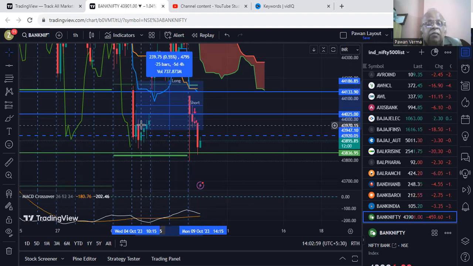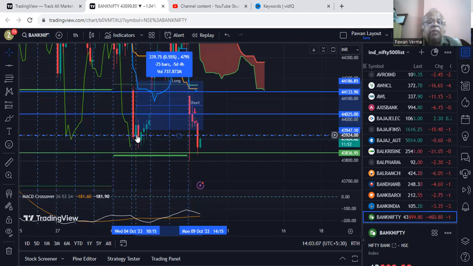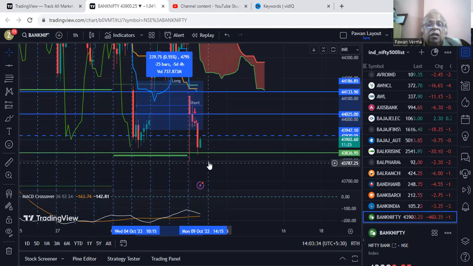Because at this level, when the Chikou span approaches here, it will face resistance from this side, and the Chikou span will be pushed back downward by the price, and price will move to the level of this support level, that is 43,824.